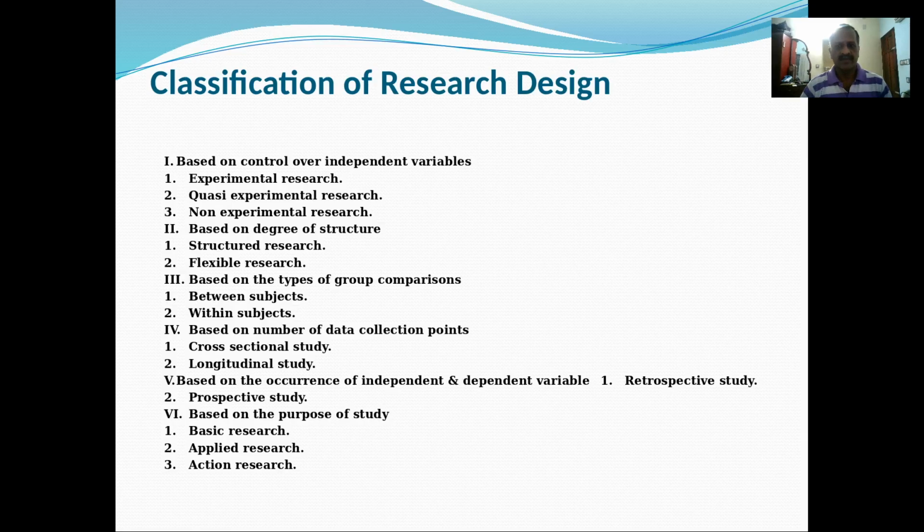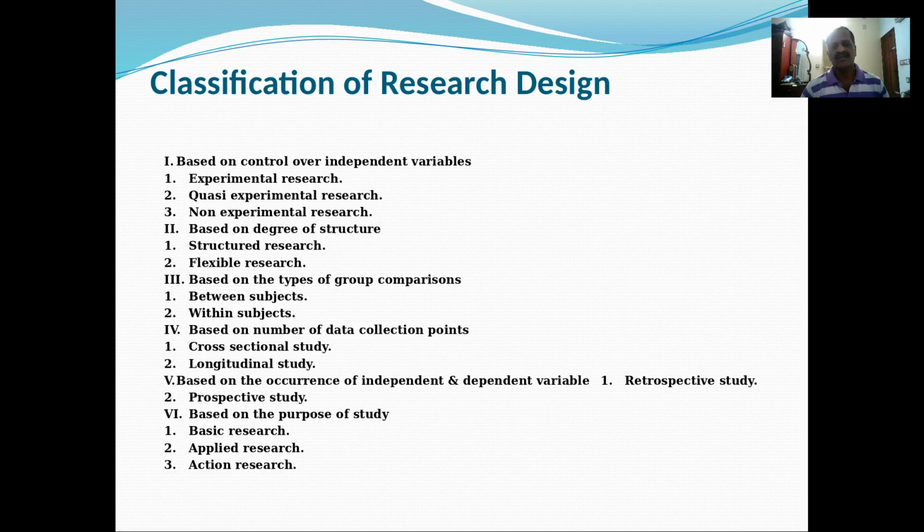In the previous class was the introductory part of research design. In that we discussed mainly the two research approaches, qualitative approach and quantitative approach.